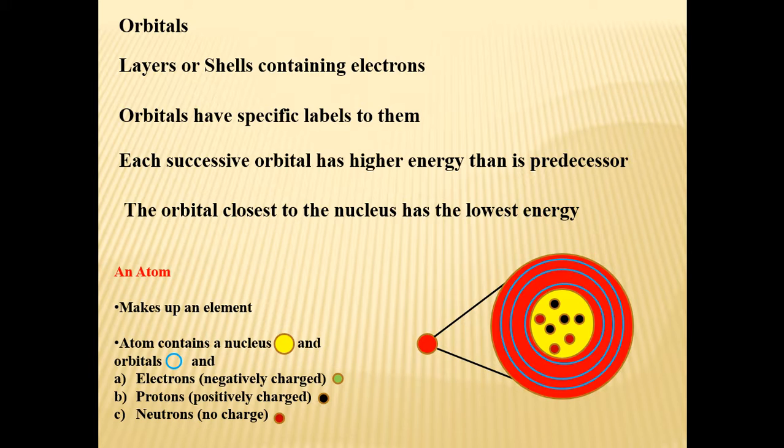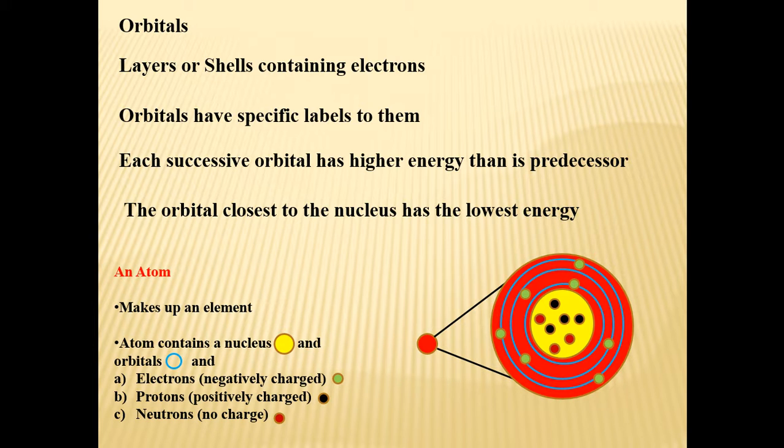If you follow the color pattern here, the black is the protons, and the red is the neutrons. This is not specific to a particular element or atom. This is just a generic version. You've got your protons and neutrons inside the nucleus, and the electrons occupy the orbital outside the nucleus. That's the take home message from this. Don't think there's always going to be 4 and 3 and then start counting this.